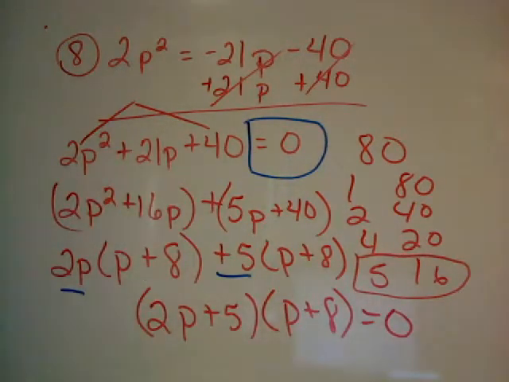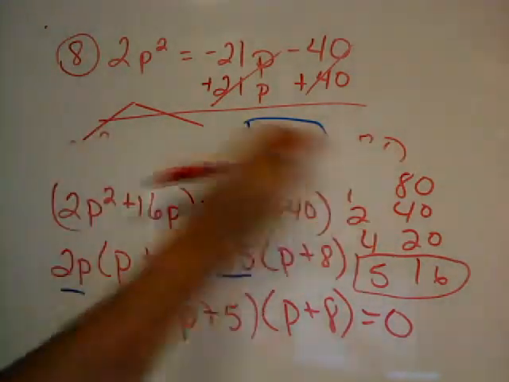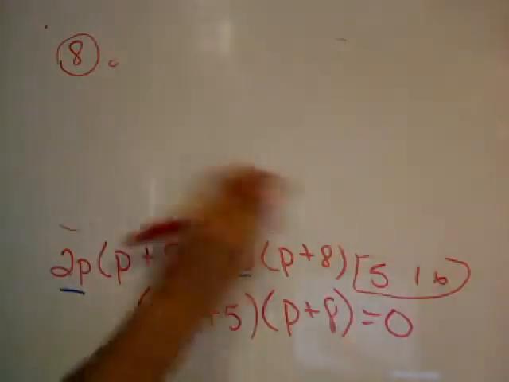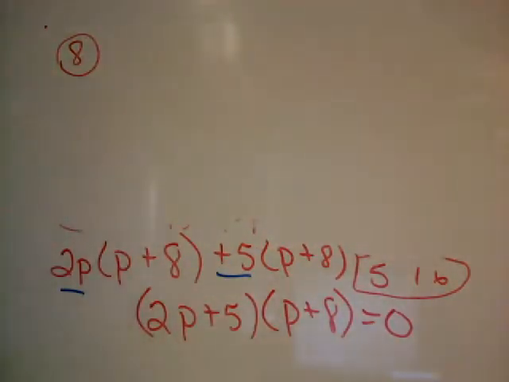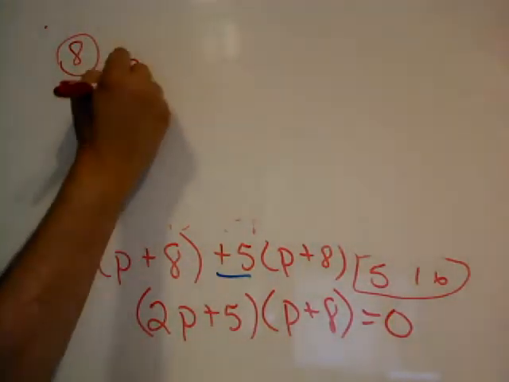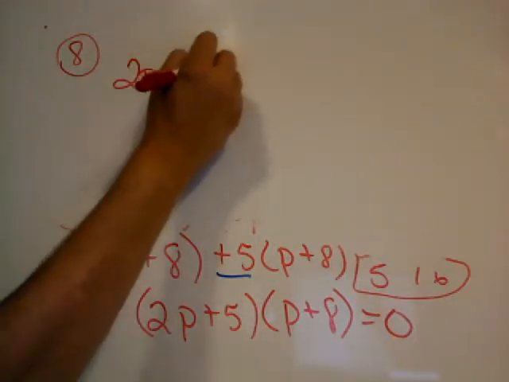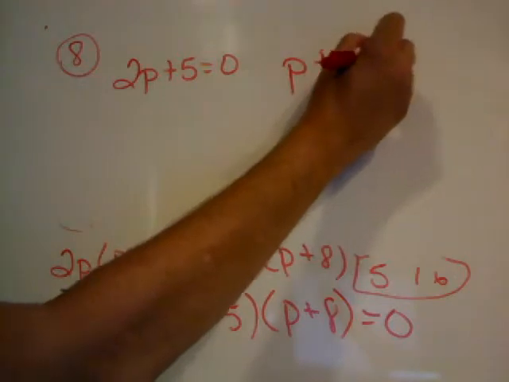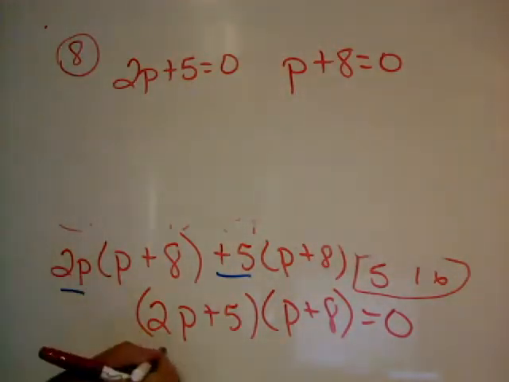So I still have some solving to do. So I have to solve these two equations, and they are set equal to 0. So I'm going to bring up 2p plus 5 equals 0, and p plus 8 equals 0. Alright, I'm getting that from right down here.